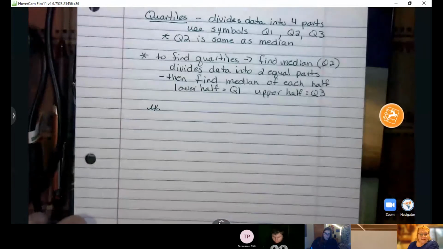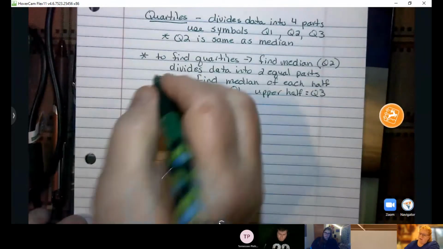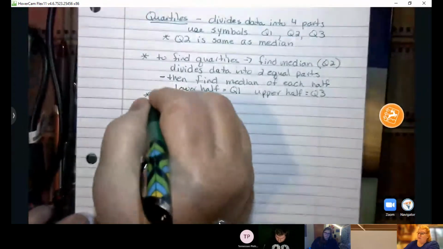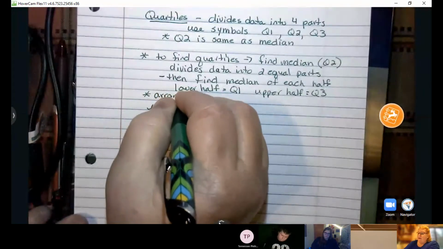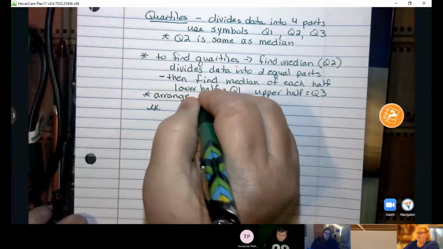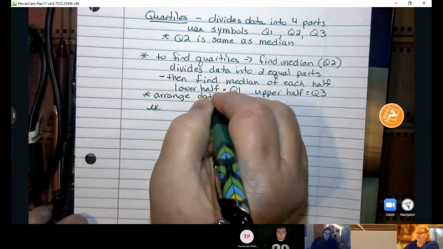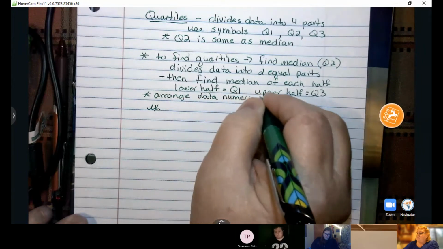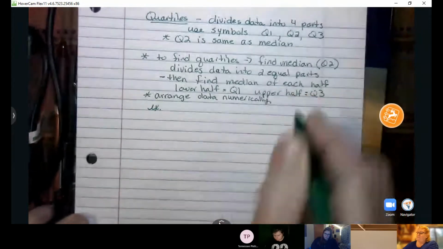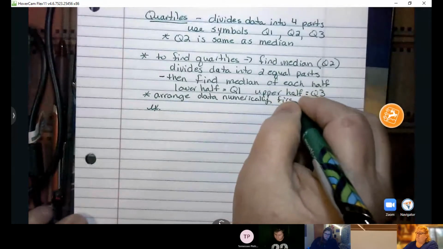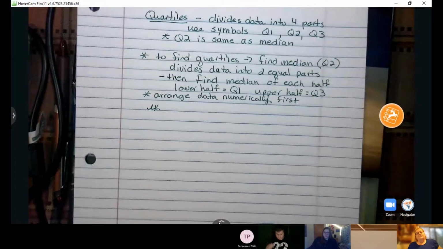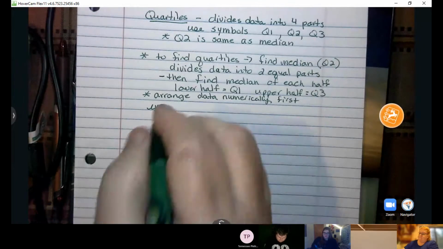So let's look at an example. Also remember, the key here is to arrange your data numerically first. Before you can do anything, you have to arrange your data numerically.